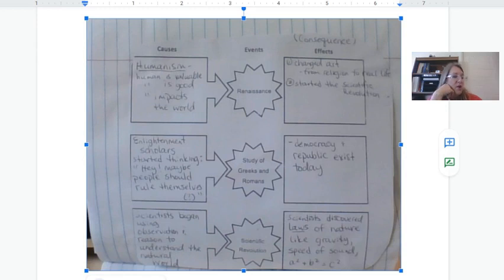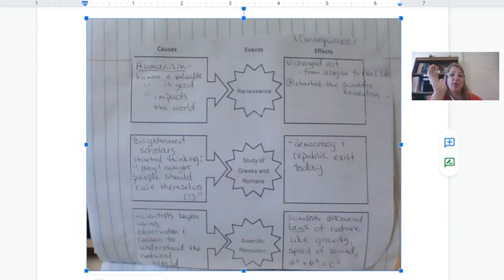And this also paved the way for the scientific revolution, because as we've seen over the last week and a half, science really does focus on humans being able to understand the world using logic and reason. So this humanism helped with the Renaissance, and the Renaissance paved the way for the scientific revolution.